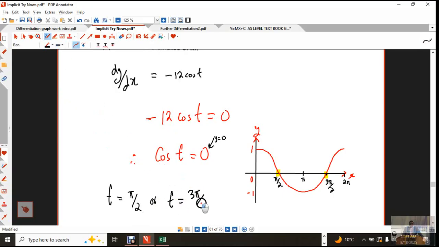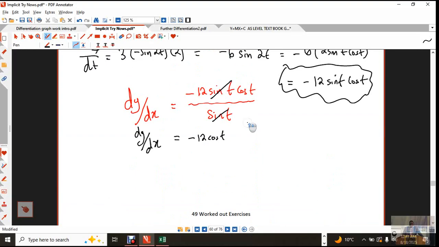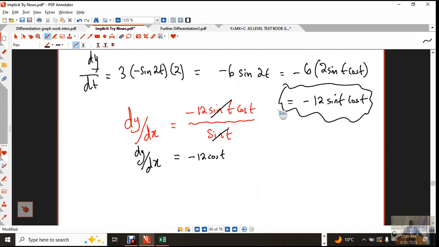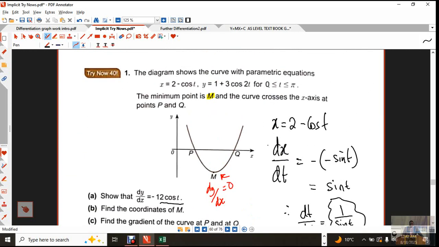Now, before we continue, there's something we need to consider. Let's just go back to our part A, or what we had. They are saying, and this is very important, that t is an angle that is between 0 and pi radians.